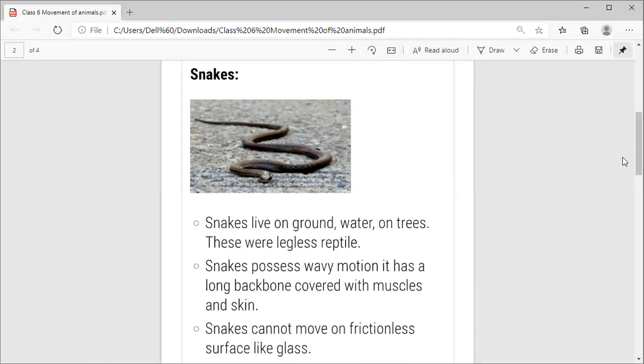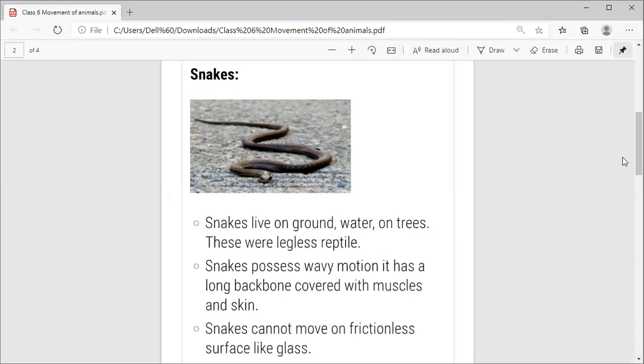One more thing about the snake is that snakes can't move on a frictionless surface like glass, because it becomes very difficult. As you know, glass is very smooth and there is very little friction, so it becomes very difficult for snakes to move on frictionless surfaces like glass. For movement it has to push its body against the ground.